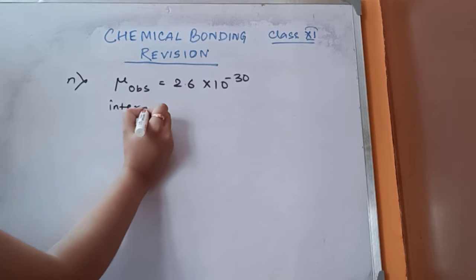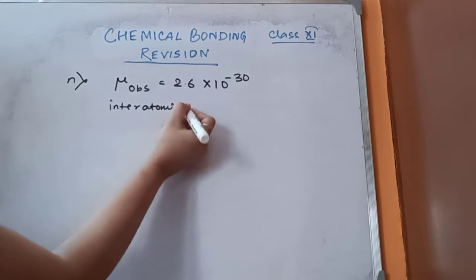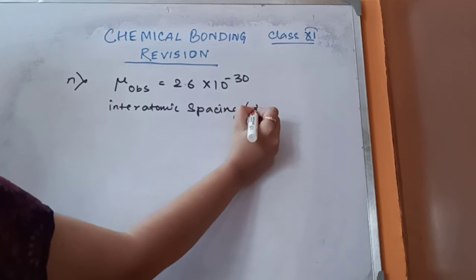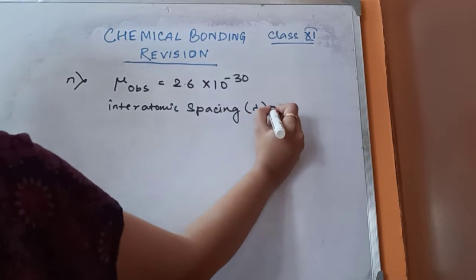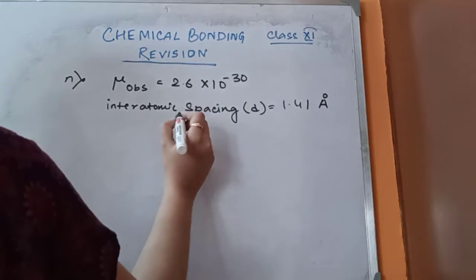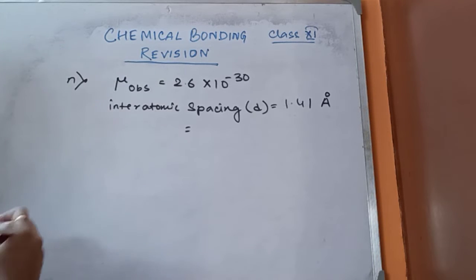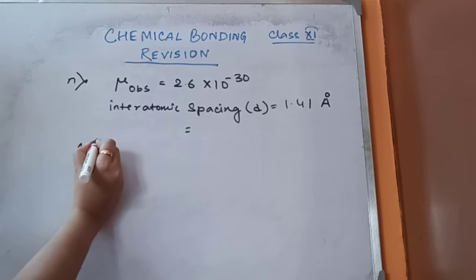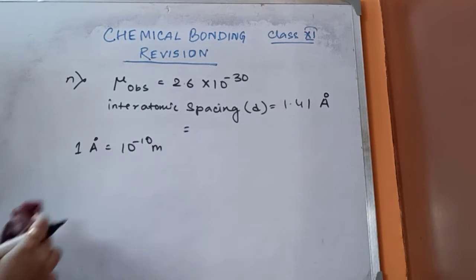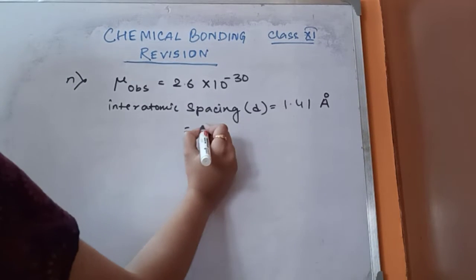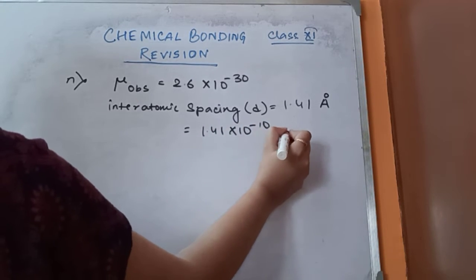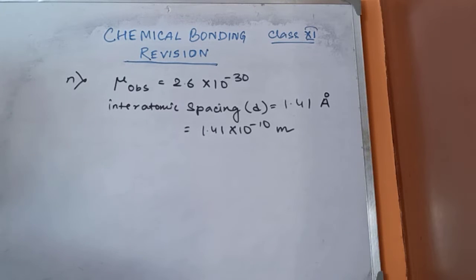The inter-atomic spacing, which is considered as D, is said to be 1.41 angstrom. And remember one thing, 1 angstrom is equal to 10 to the power minus 10 meter. So 1.41 into 10 to the power minus 10 meter will be the interatomic spacing.